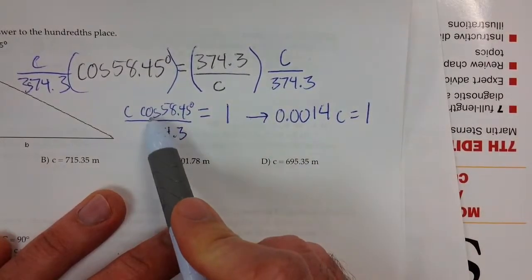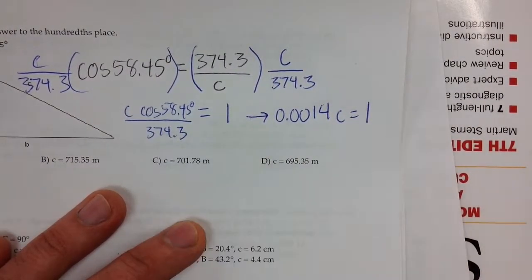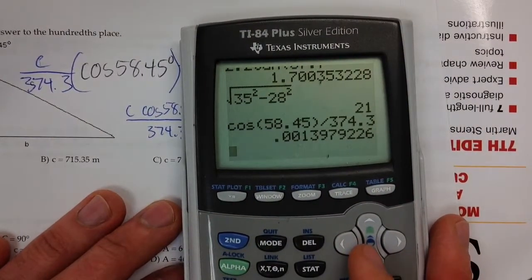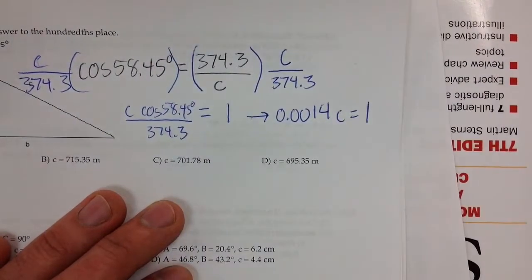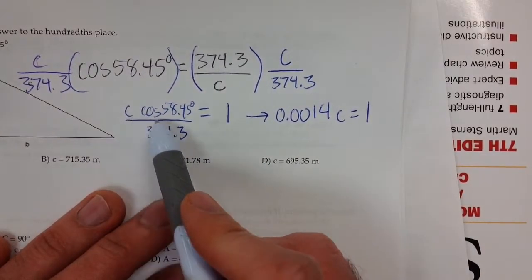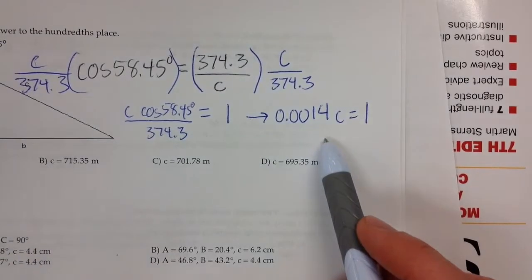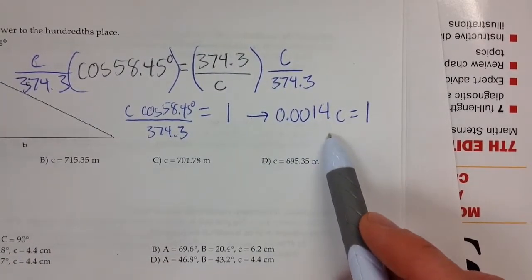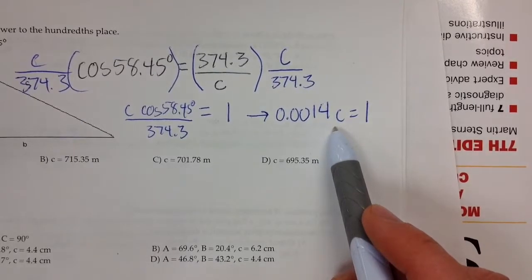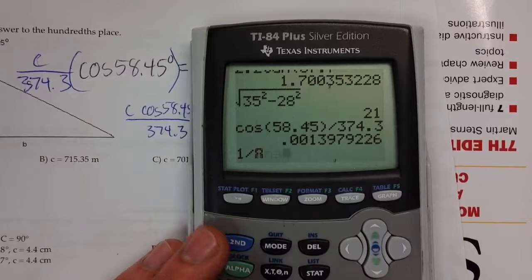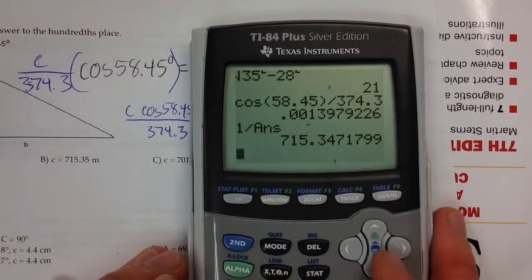The quotient of cosine blah divided by 374.3 is about 0.0014. That becomes the coefficient of C, because it's still being multiplied by C. So, what would you do next? I'm just playing with your strategy here. You would divide by 0.0014. So, 1 divided by that number, 715.35.